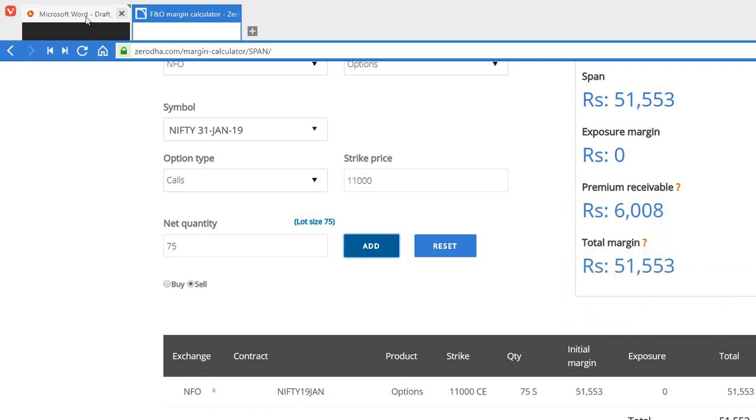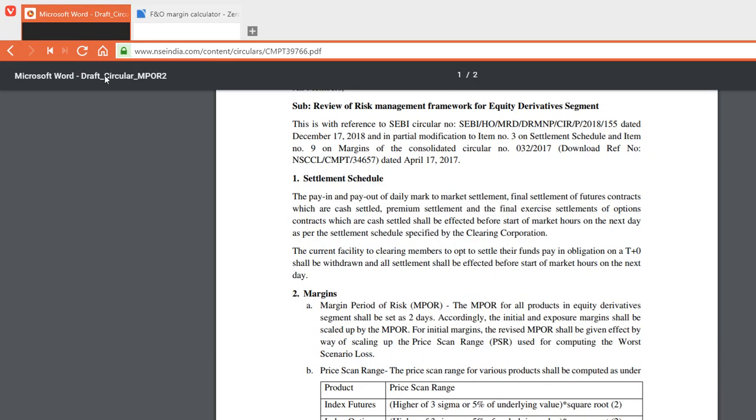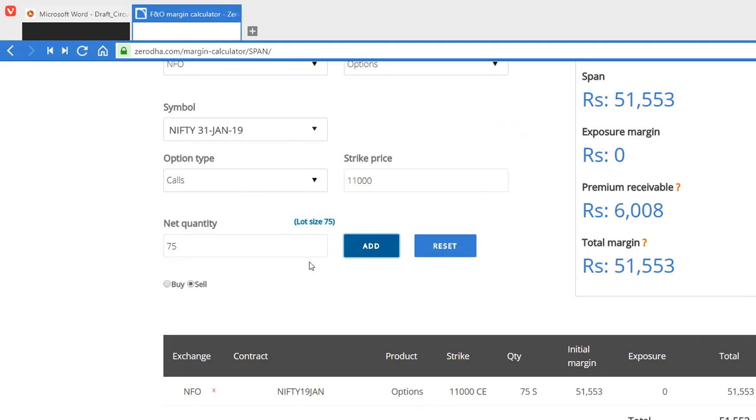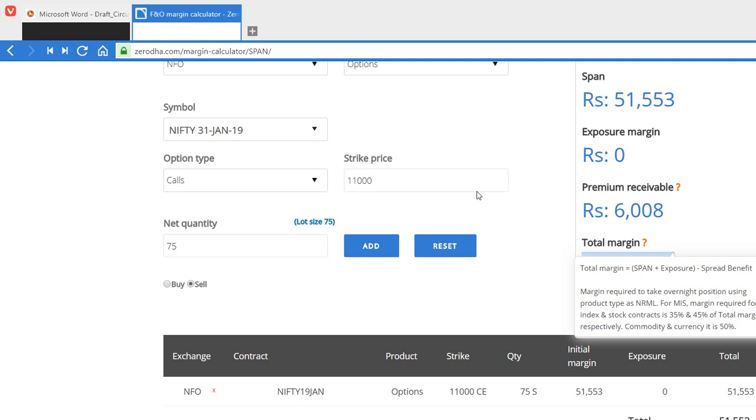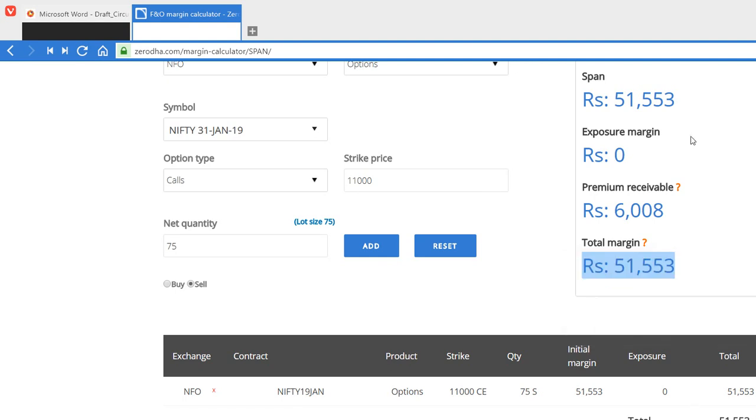I'll talk about that separately. What is happening right now is the total margin will be increasing from January 21st, which is a Monday. So you have only a few days to decide which positions you want to hold on. If you do not have the margin, there will be a substantial penalty.